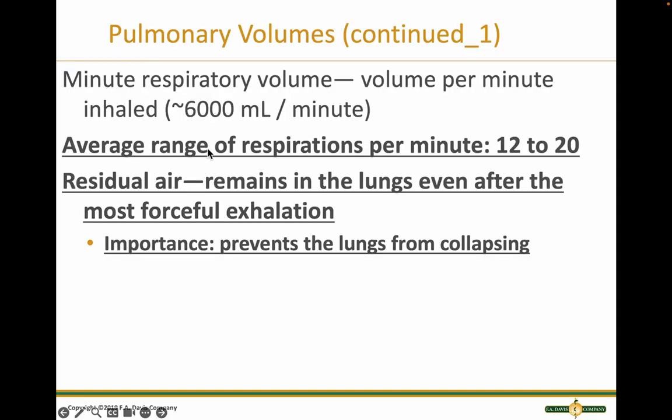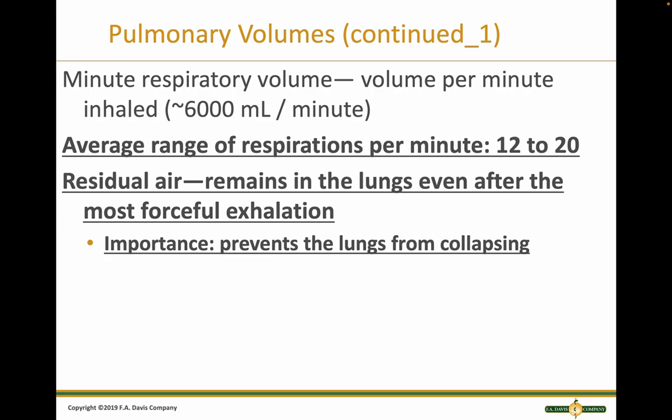Just a quick aside, we talked about minute respiratory volume, so the volume per minute, just like we can talk about the amount of blood pumped out of the heart per minute, which was cardiac output. But this residual air is the other side, which is the amount of air that remains in the lungs, even if you were to take a deep breath out. So you can't force this air out. It will stay in your lungs, and that's normal.